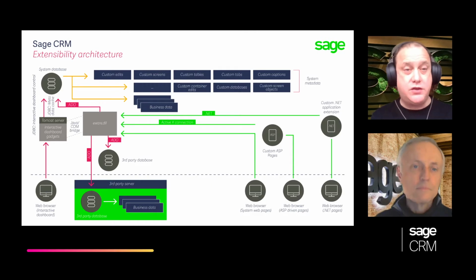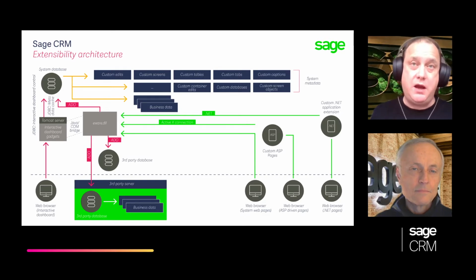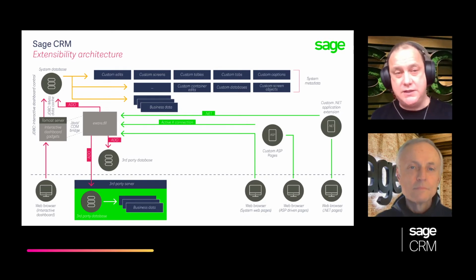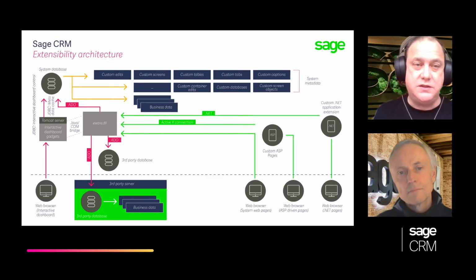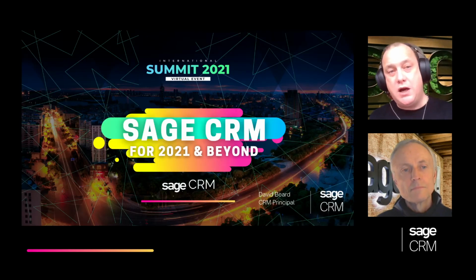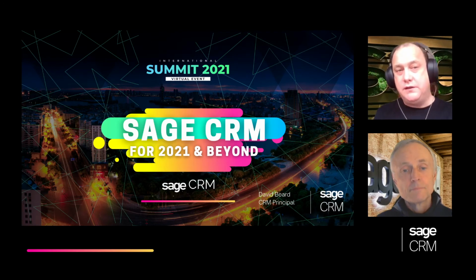Now, we saw that journey start with the 2019 R2 and the launch of the REST API, the full create, read, update and delete REST API. We've seen a major expansion to that in 2021 R1. We will be looking to see what gaps we might have within the REST API as we push on with that. But that's a really, really important thing.